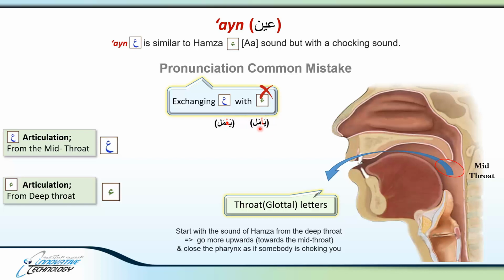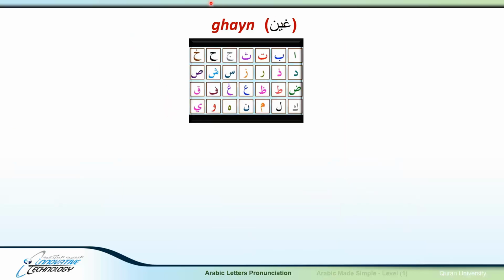It's a verb meaning to hope. From to work to hope, the meaning has changed dramatically. So this is wrong. The proper way is to pronounce the ayn as ayn, not as hamza.